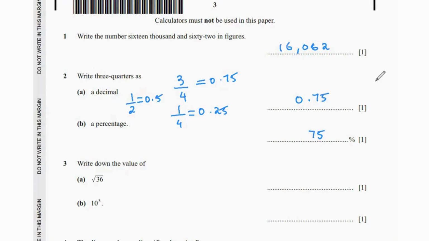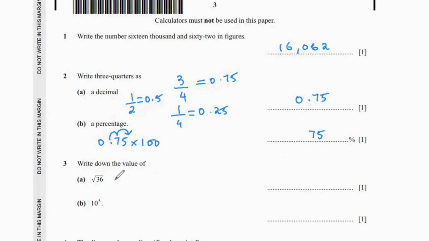If you have the decimal for the fraction, you can easily convert it into a percentage by multiplying it by 100. In order to convert anything into a percentage, you have to times it by 100. When you times the decimal by 100, we move the decimal 2 places to the right. If you divide the decimal by 100, you move the decimal 2 places to the left. So that gives us 75 over here.